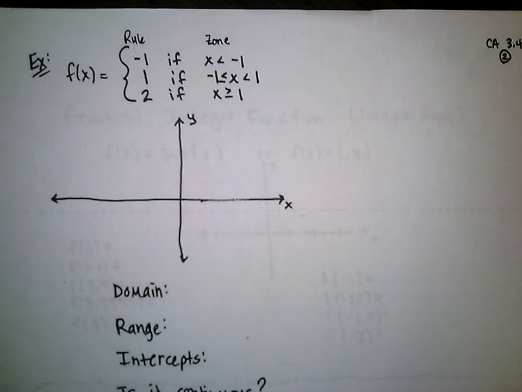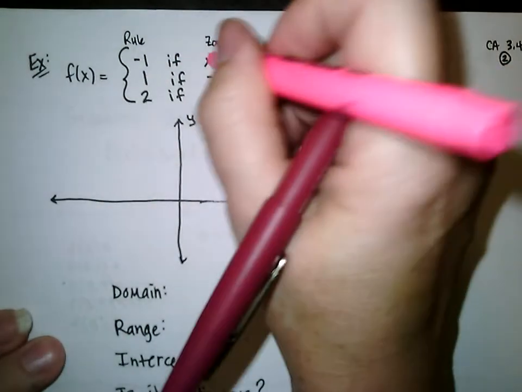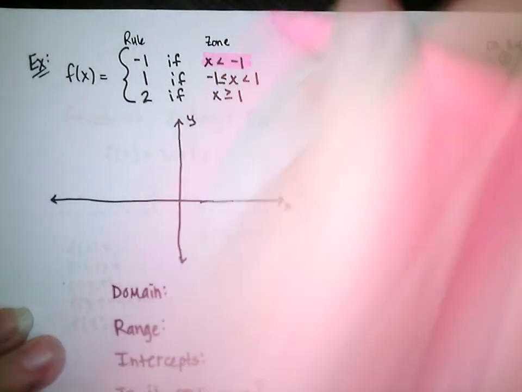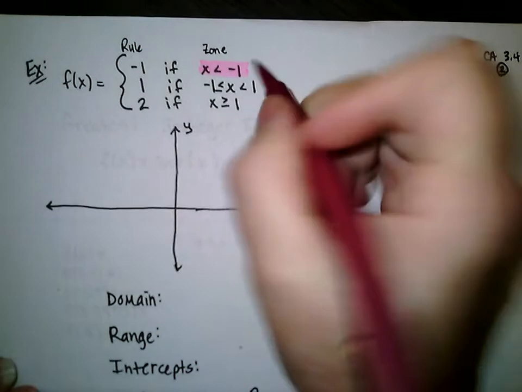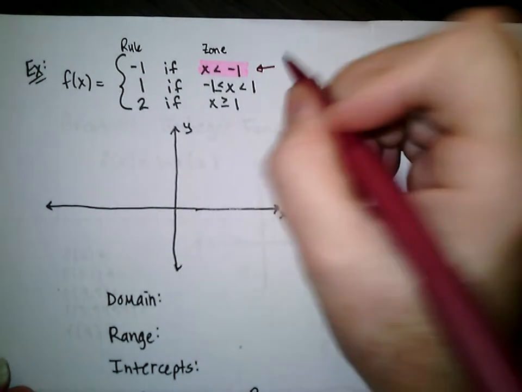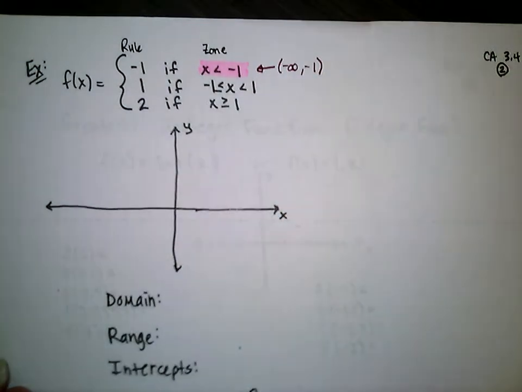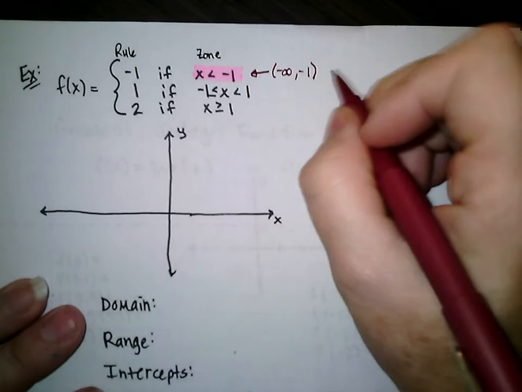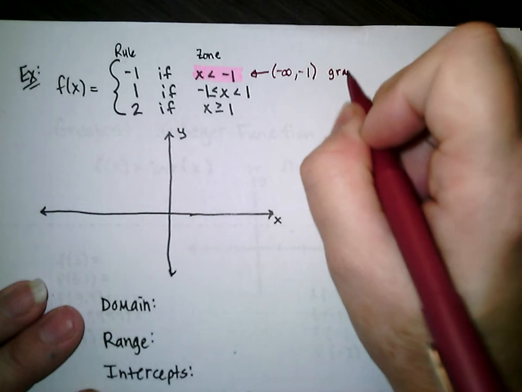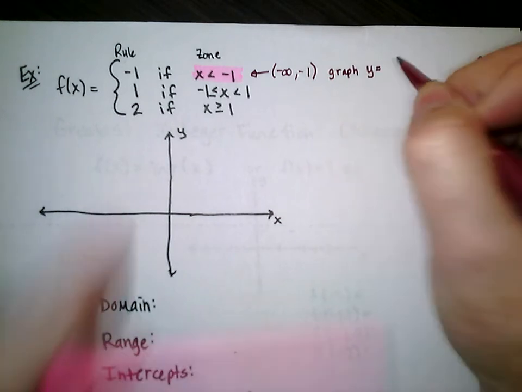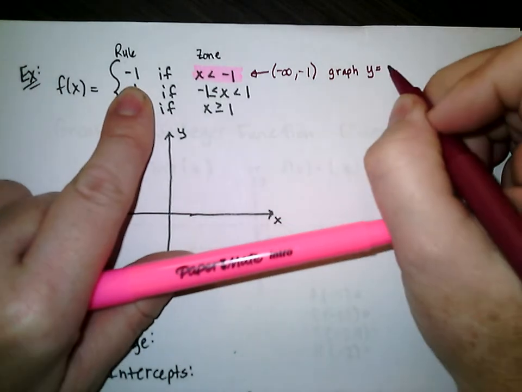So the first zone is going to be x is less than -1. That corresponds to an interval from -infinity to -1, not including -1. And we're going to graph the rule y equals -1.